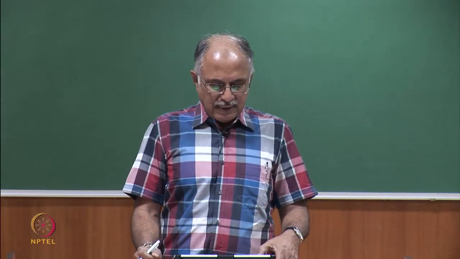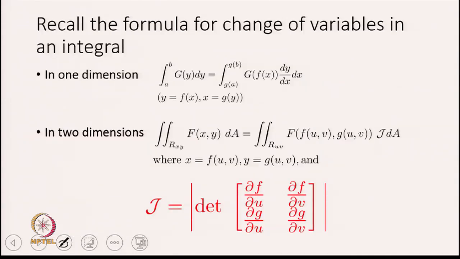Okay. Now, let me just take a brief break over here to remind everyone about the formula for change of variables in an integral. In one dimension, if you have this integral g of y dy, limits being a and b, if you want to change from the variable y to the variable x, where you define y as f of x and x as g of y, then this is the standard form for the change of variable.